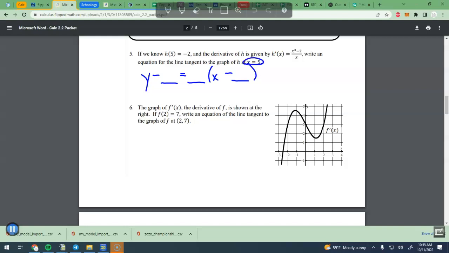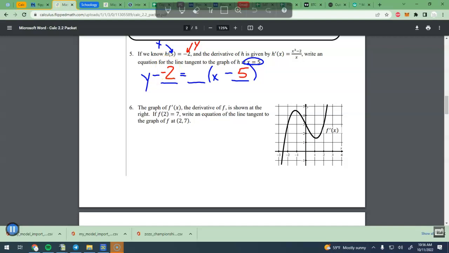They tell me right there x is 5, so I'm putting 5 in for x. I don't see the original equation, so I can't plug in to find the y value, but they did give me the y value. What's the original y value? Negative 2. I know that's the original because they plugged into h, not h prime. So negative 2 goes there.